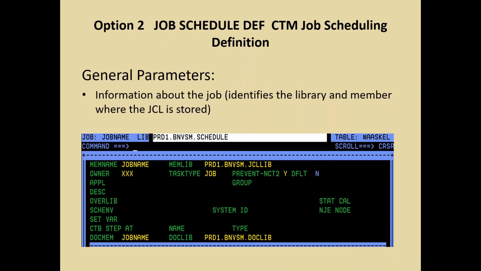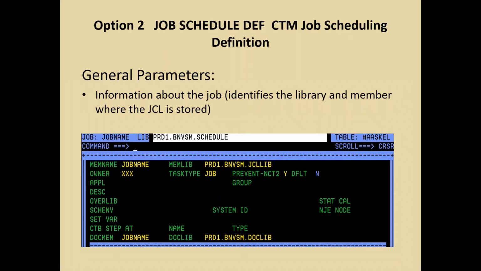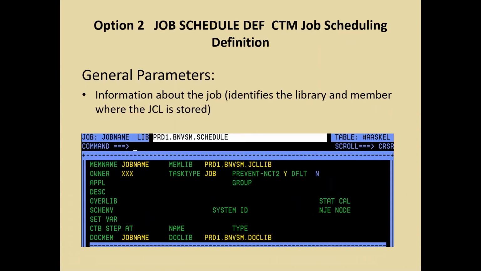Okay, now this screen explains how jobs are scheduled in Control-M and how different libraries are given so that the proper path or proper mapping of a particular job which is going to be scheduled happens in Control-M.